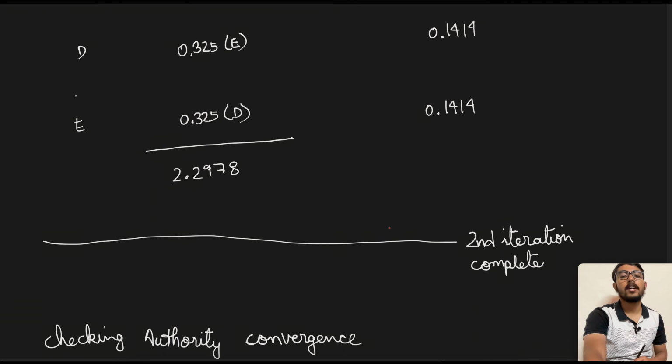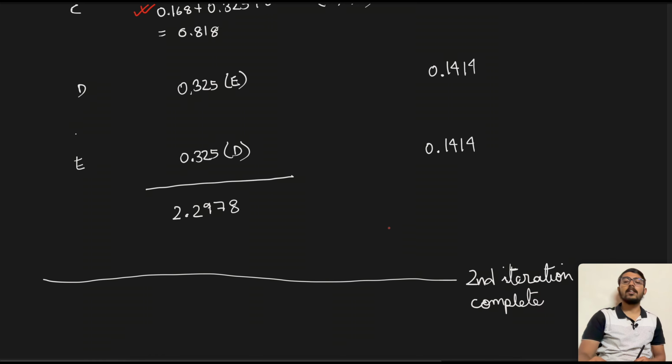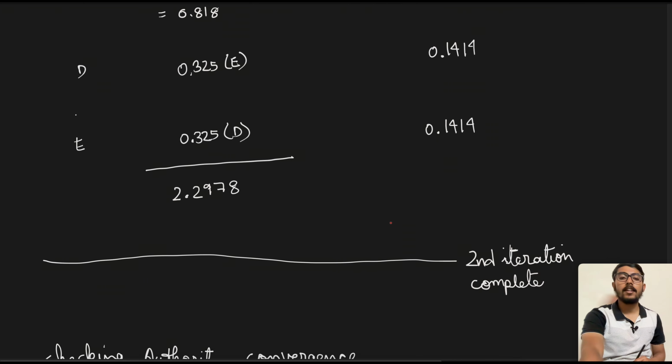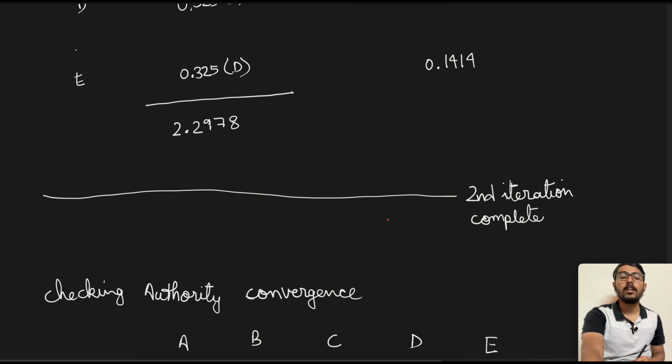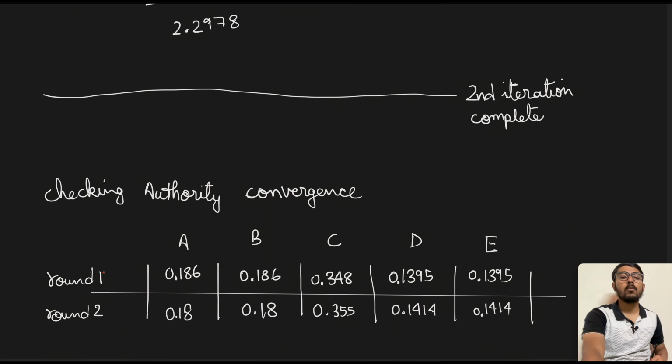So this marks the end of the second iteration of the HITS algorithm, and we know that if we are not able to find the convergence at this level, then we need to go similarly calculating the hub and authority scores alternatively till we have 4 iterations in this way. Now if we try to check the authority convergence, then we have round 1 and round 2 results with us. So we get to see this type of difference in the values from round 1 to round 2 in the authority sequence.